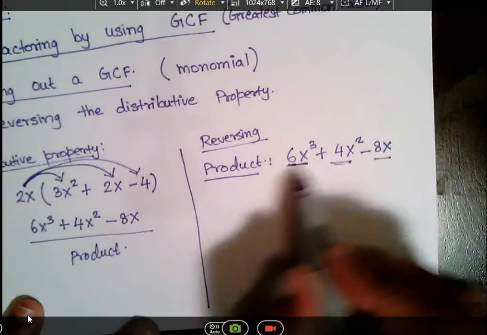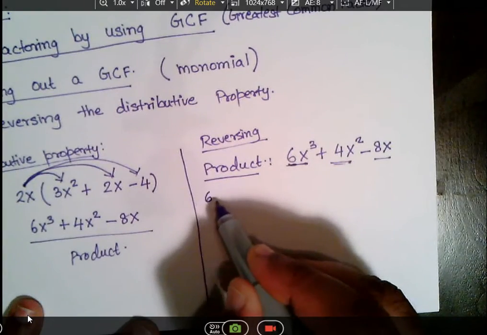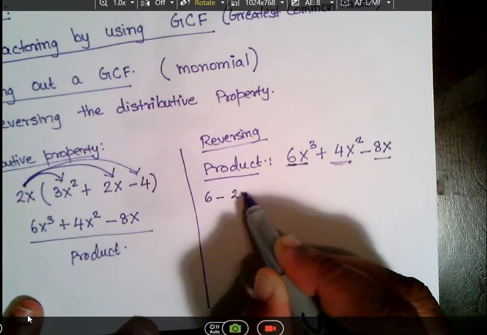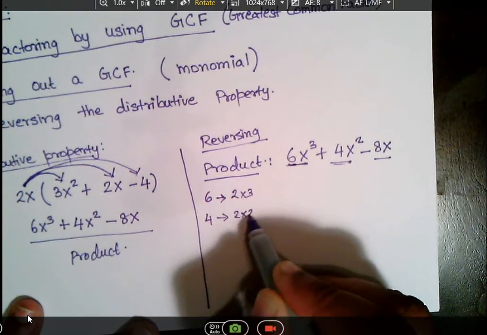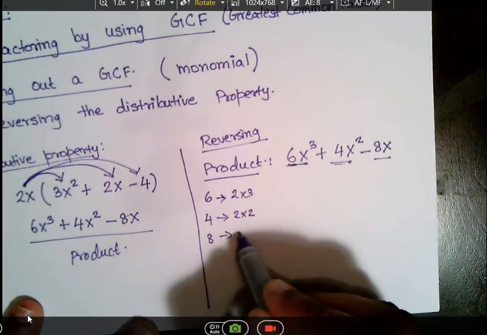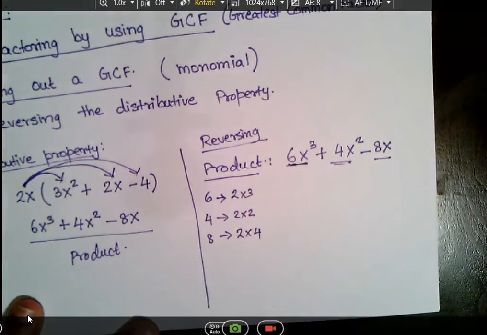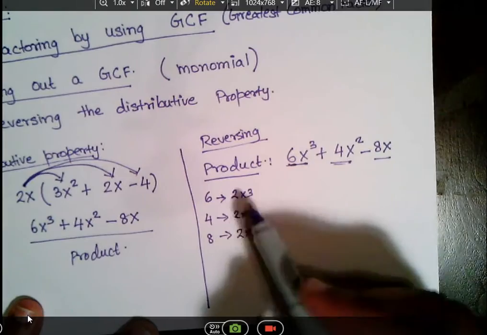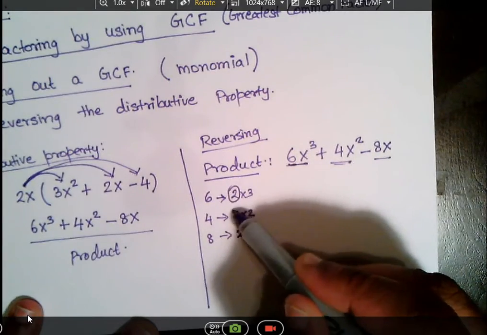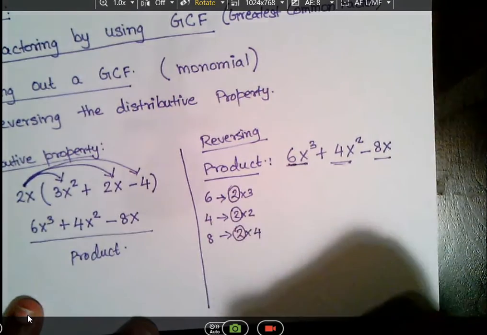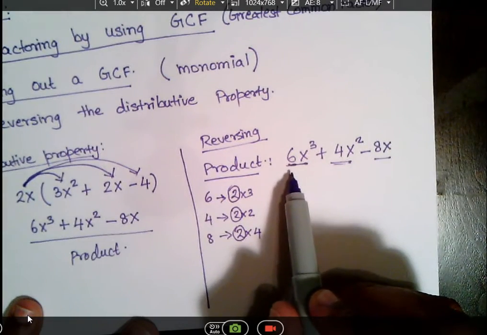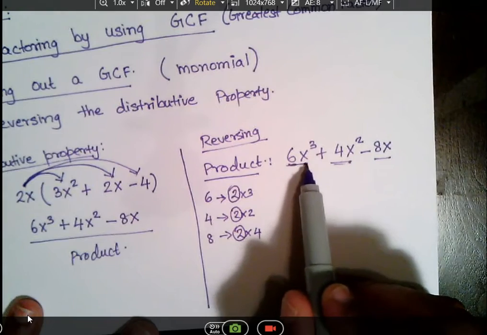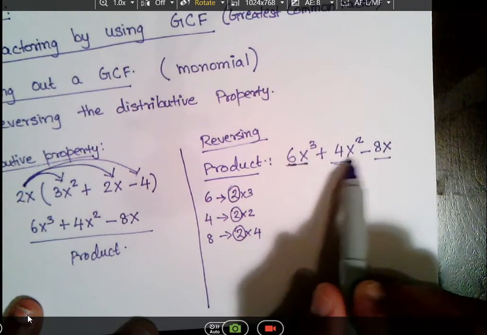Between the numbers, 6 is 2 times 3, 4 is 2 times 2, and 8 is 2 times 4. So the greatest common factor between the three numbers is a 2. Now I'm not done just by pulling out a greatest common factor between the numbers. I also have to pull out a greatest common factor between the variables.